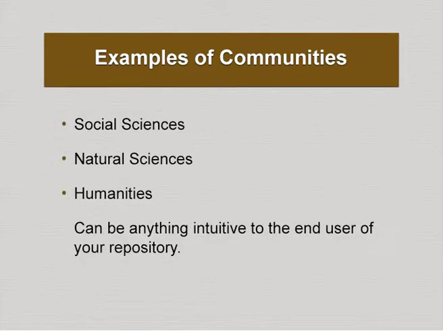A few examples of communities are social sciences, natural sciences, humanities. So, it can be anything intuitive to the end user of the repository. For example, in case of a software industry, probably the communities could be community of developers, community of testers, community of quality assurance group, community of administrators, or community of marketing people like that.